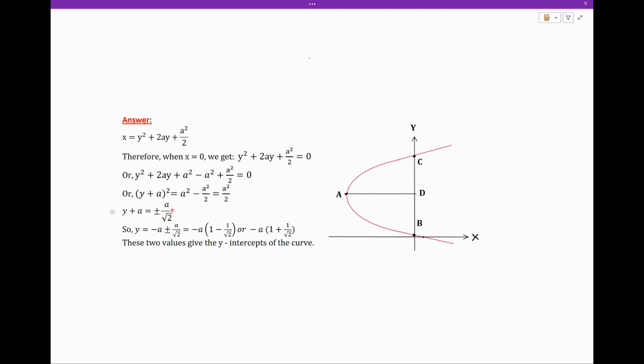Taking the square root on both sides, we get y plus a is equal to plus minus a by square root of 2. So this gives two values for y.